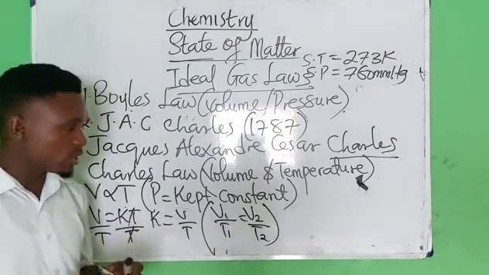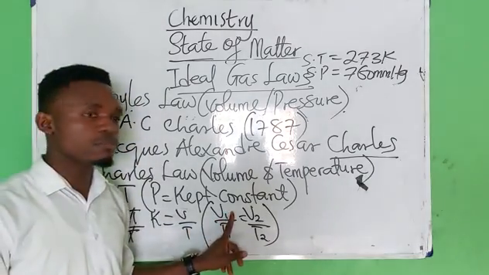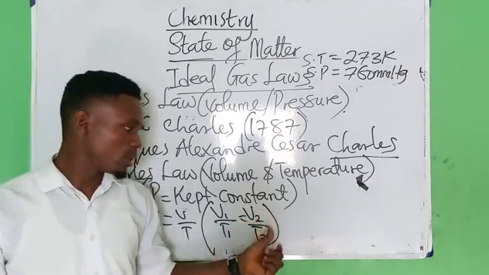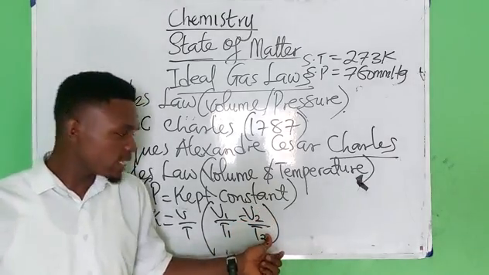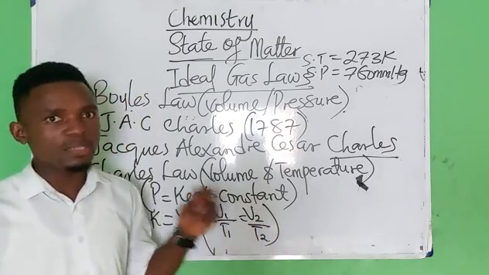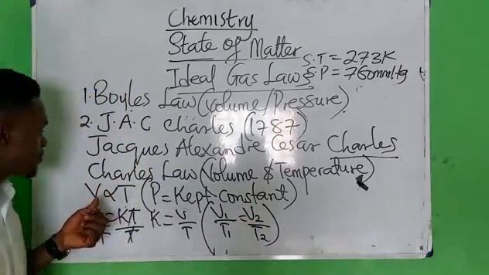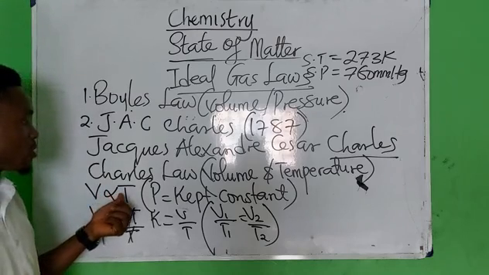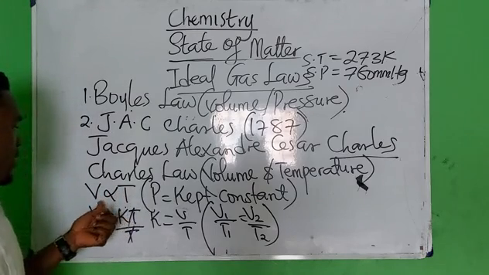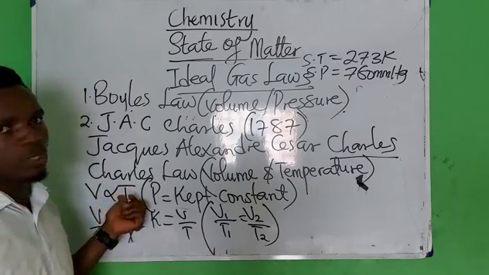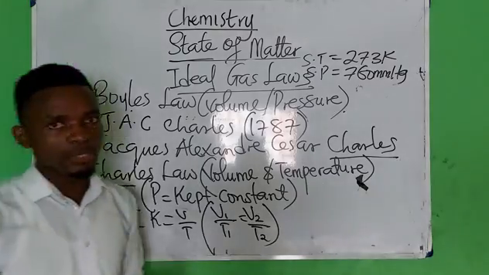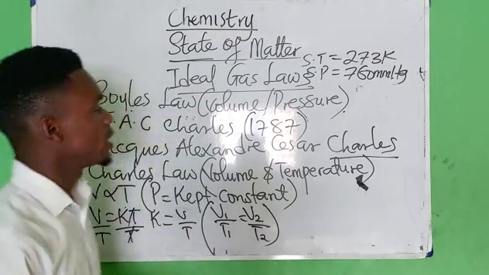V1 means initial volume, T1 initial temperature, V2 final volume, and T2 final temperature. Please take note of that. If volume is directly proportional to the temperature in Kelvin, it means that as volume increases, the temperature also increases. As temperature increases, the volume also increases. That is how it is.